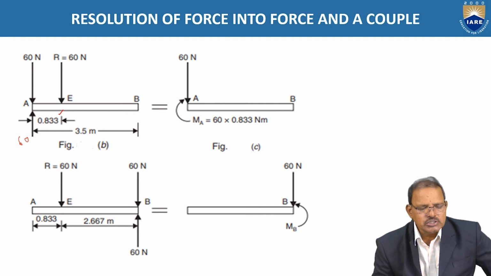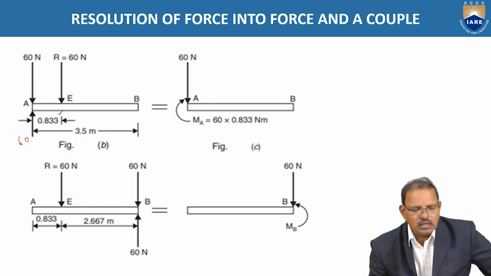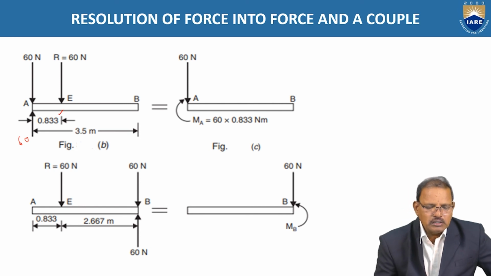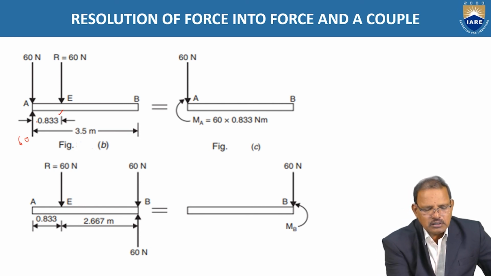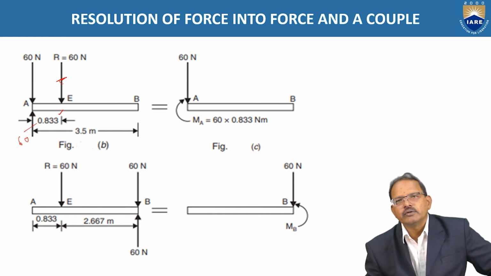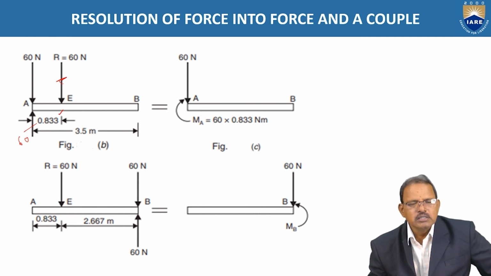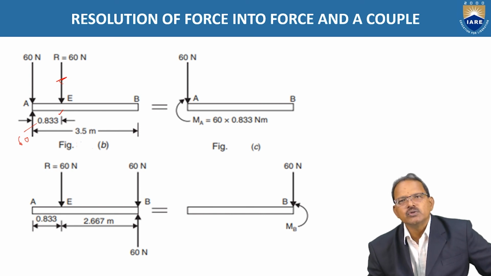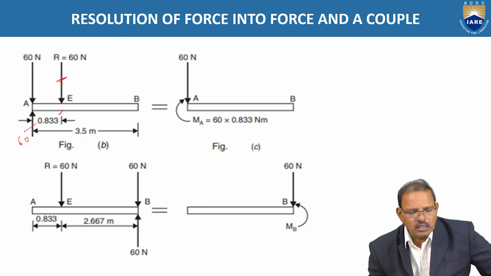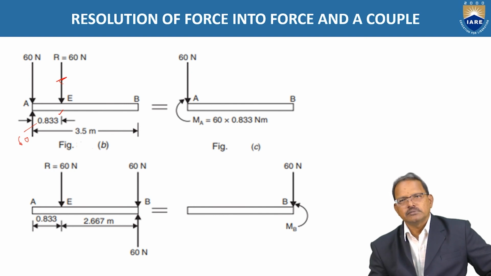When we are putting 60 newtons, if you take the force in the downward direction, both forces are equal in magnitude and separated by a certain distance, acting in upward direction. So these two forces tend to rotate the body in the clockwise direction.